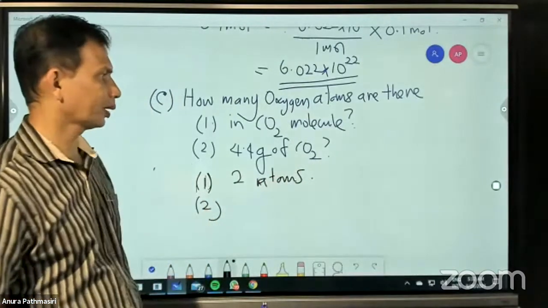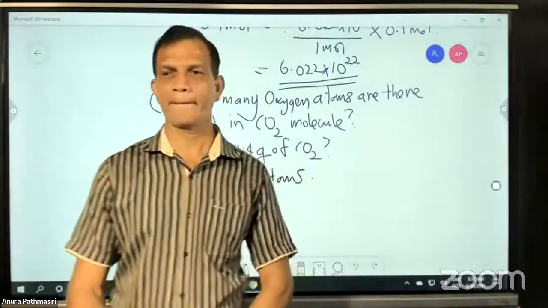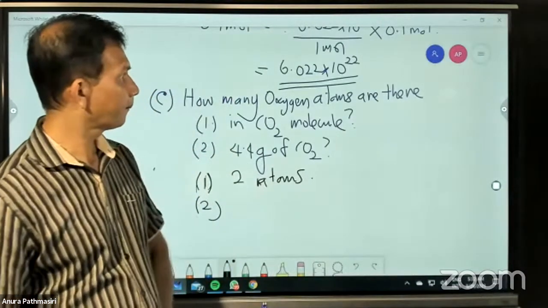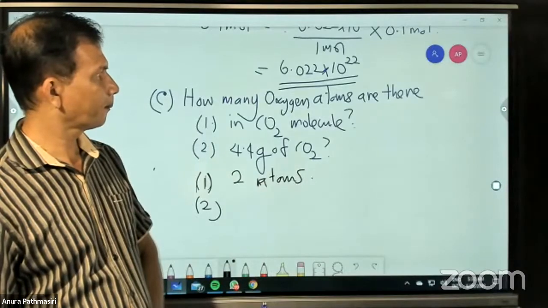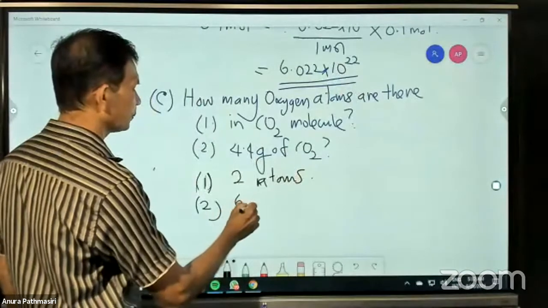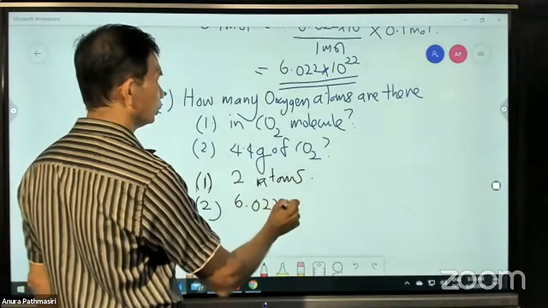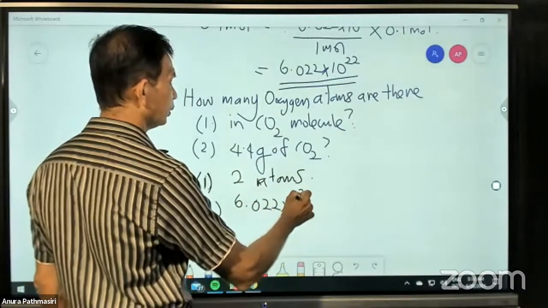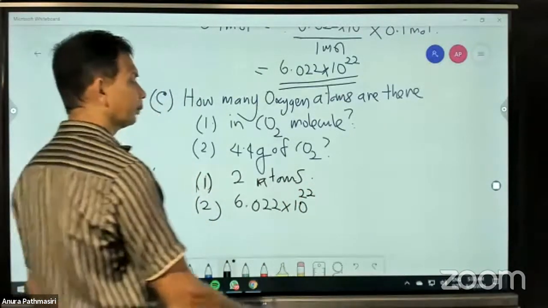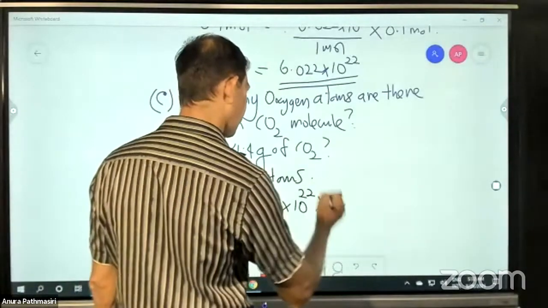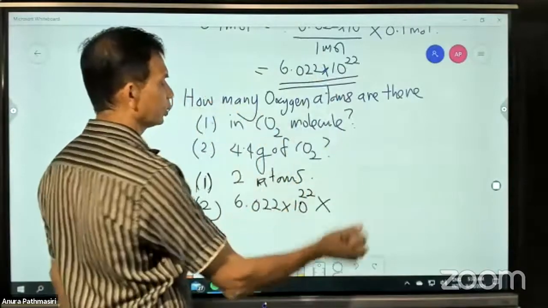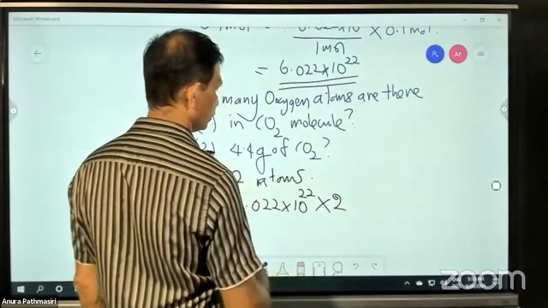4.4 gram of carbon dioxide. How many oxygen atoms are there? 6.022 times 10 to the power 22 multiplied by 2. Very good. There you got 6.022 times 10 to the power 22 carbon dioxide molecules, and among them oxygen atoms are 2, so you have to multiply by 2.